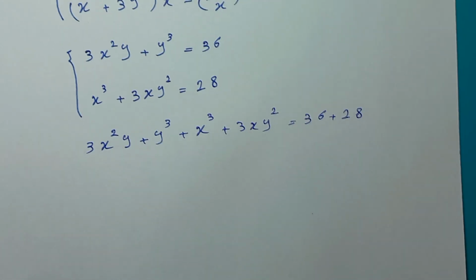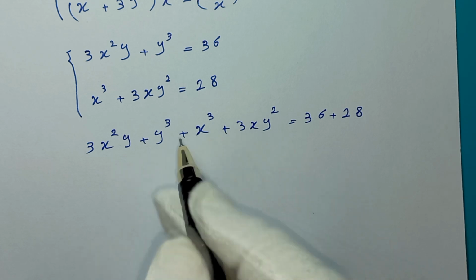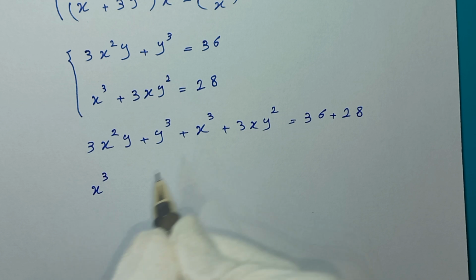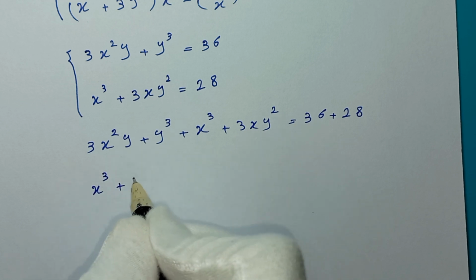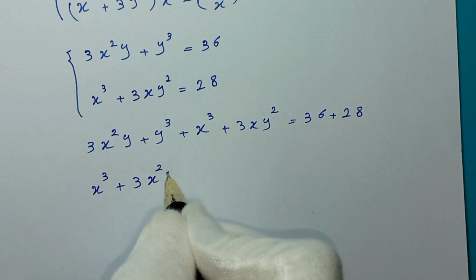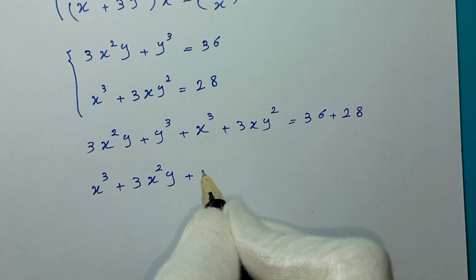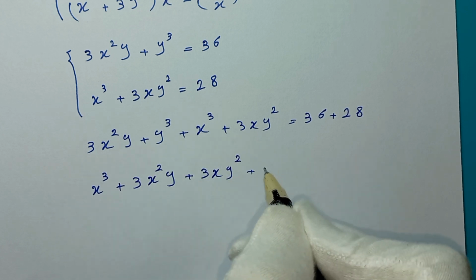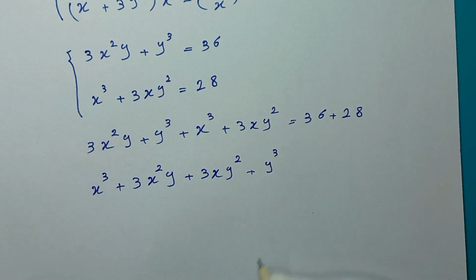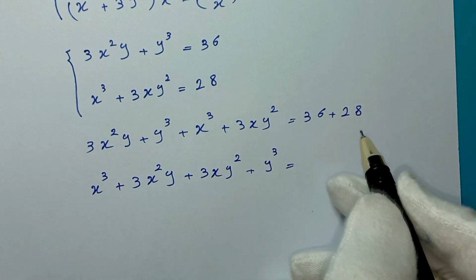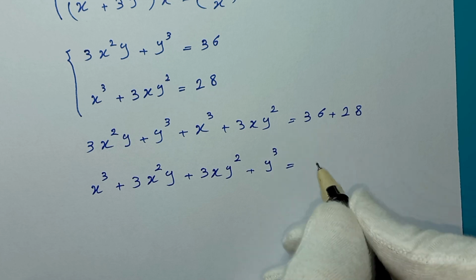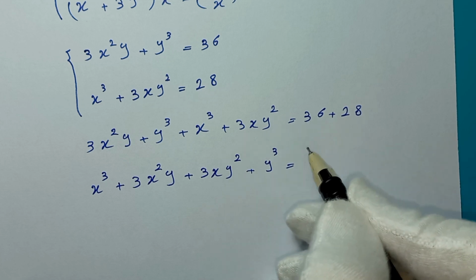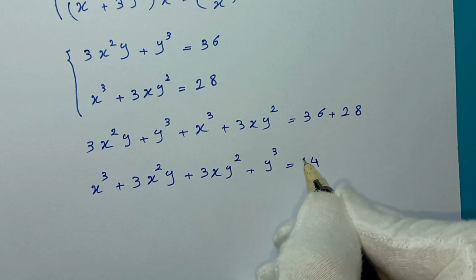And we can write this as x cubed first, plus 3x squared y, plus 3xy squared, plus y cubed is equal to 64.